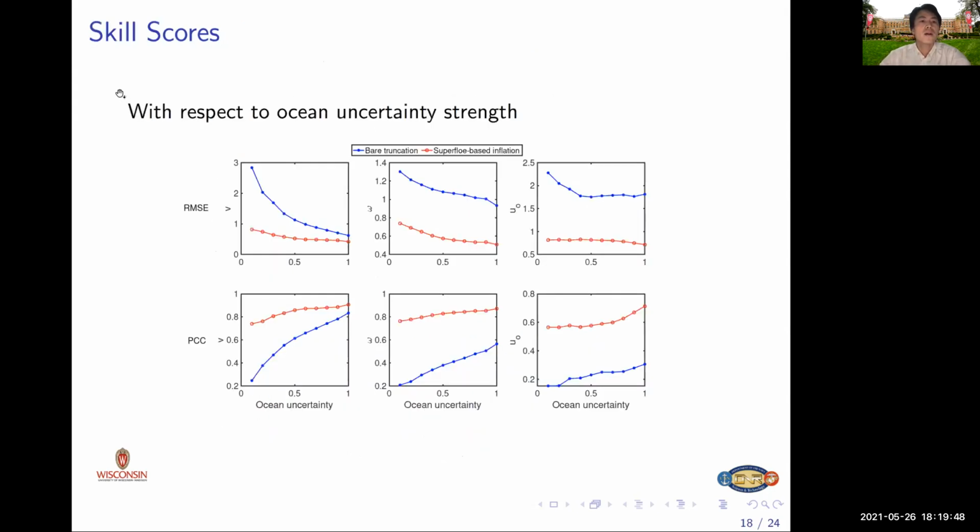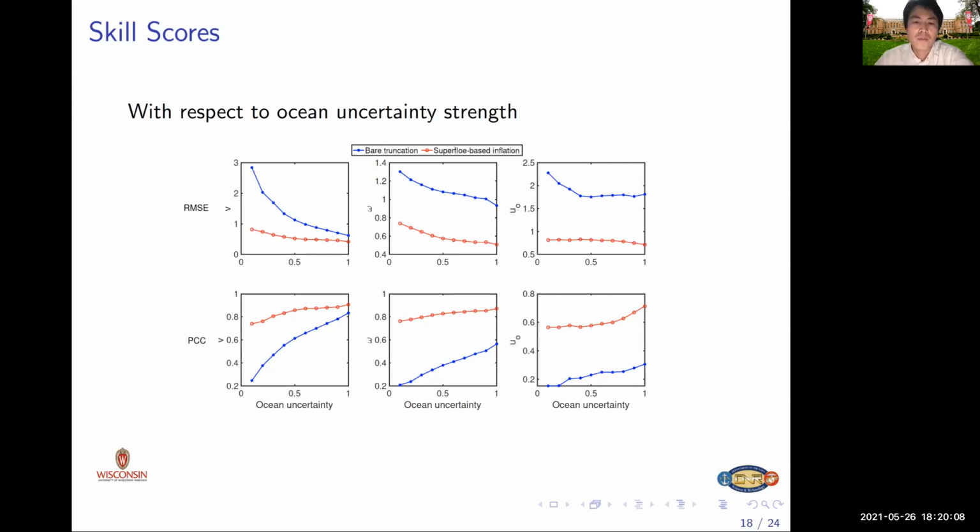So for the skill scores, we look into the root mean square error and the pattern correlation coefficients. This figure shows a simple case with 18 floes, where there are 6 large floes and 12 small floes.